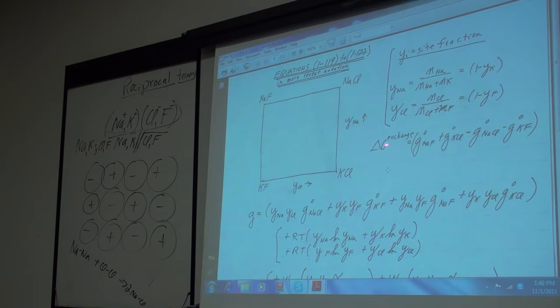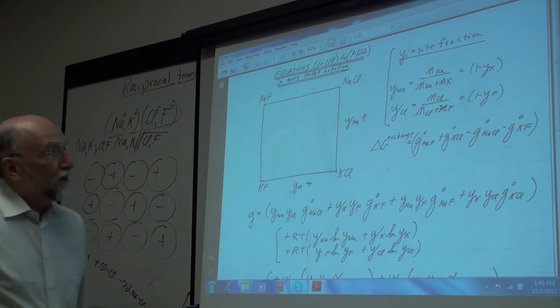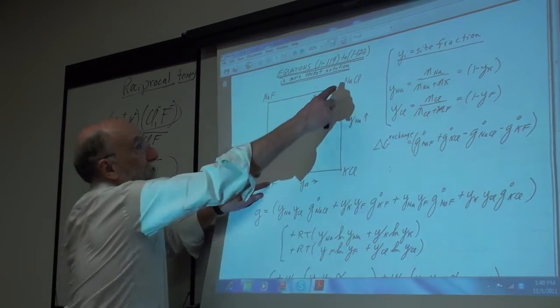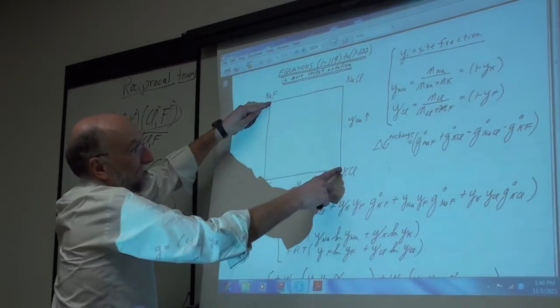We now have, just for definition, what is called the delta G of the exchange reaction, and this is the difference of the Gibbs energies, G naughts, of the pure liquid salts. So G naught NaF is the Gibbs energy of pure sodium fluoride, G naught KCl is the Gibbs energy of pure liquid KCl, and so on. The exchange reaction is simply this plus this gives you this plus this.